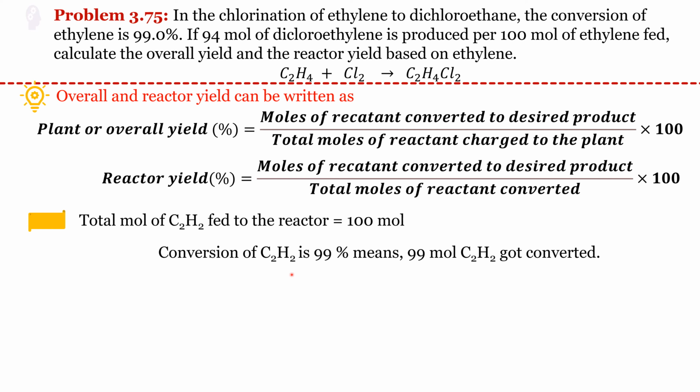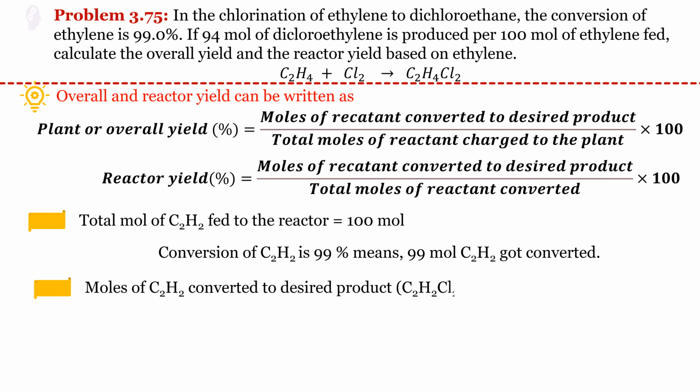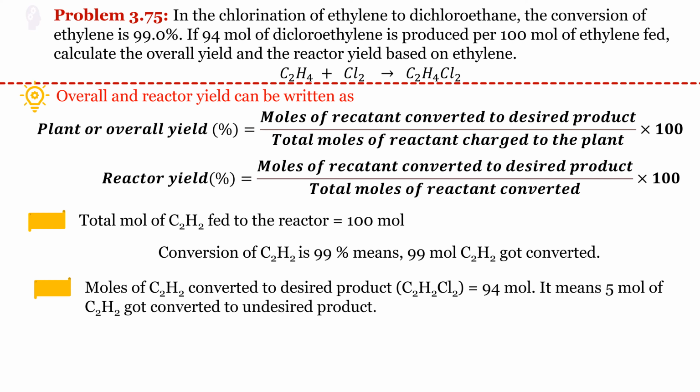Now conversion of ethylene is 99%, which means 99 moles of C2H4 got converted. As per the problem, only 94 moles of dichloroethane are produced per 100 moles of ethylene fed, which means 94 moles of C2H4 got converted to the desired product and the rest, that is 5 moles of C2H4, got converted to undesired product.